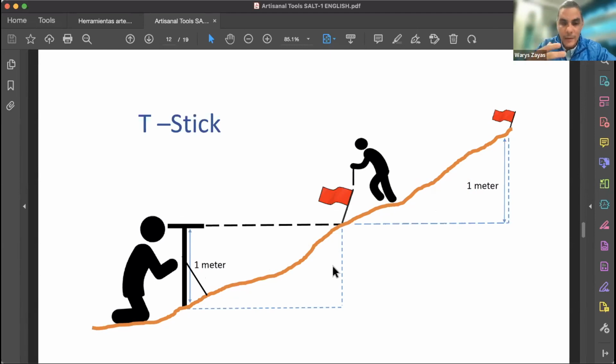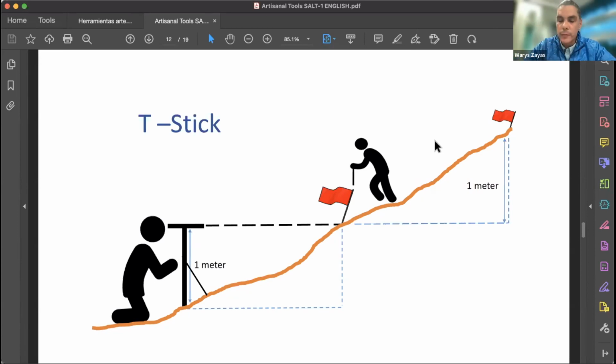I don't want to go deeper in this because there are other mathematical aspects to make this, right? But it is really easy to use, and the thing that matters more than the bubble level is that the height of the instrument is 1 meter, for example, in areas with a slope higher than 15%.